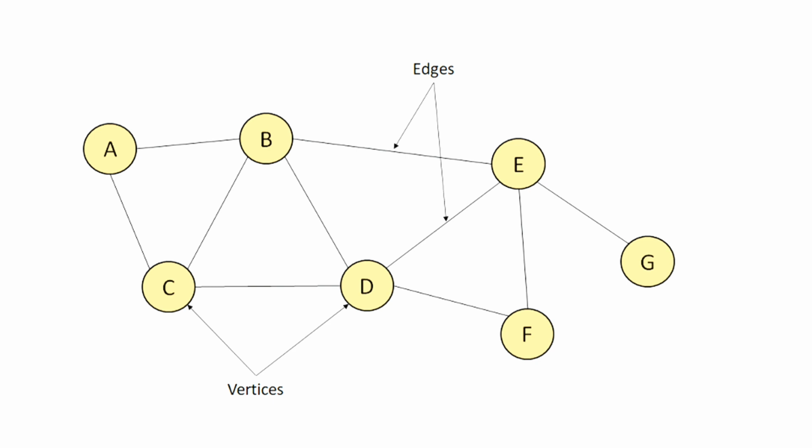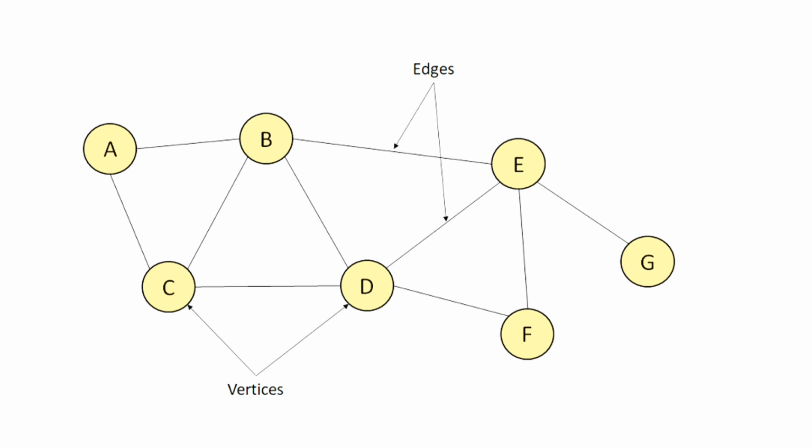The graph data structure G is considered a mathematical structure comprised of a set of vertices V and a set of edges E, as shown below. So G equals (V, E).